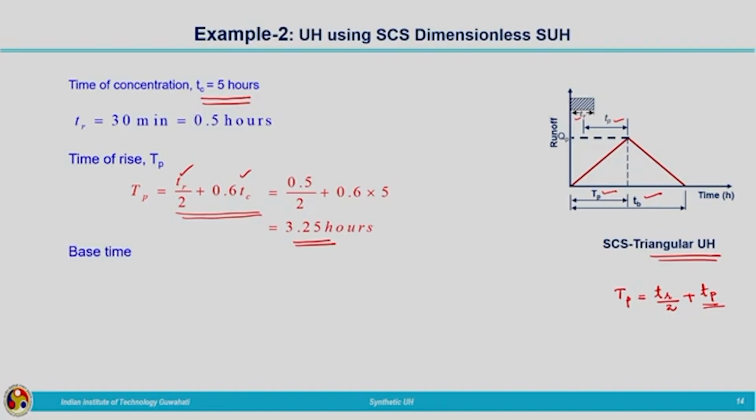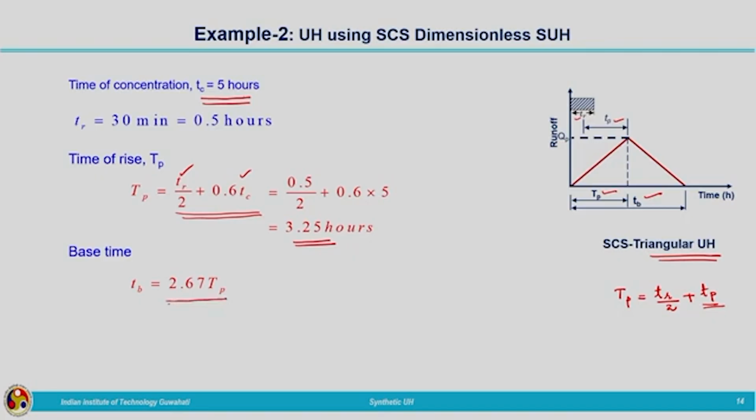For TB also, a formula is given, based on the principle of mass curve we have seen. TB can be calculated by using the formula 2.67 TP. TP is 3.25 hours. So, TB is coming out to be 8.68 hours.